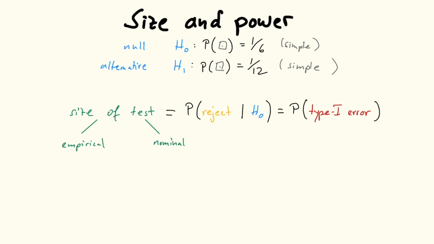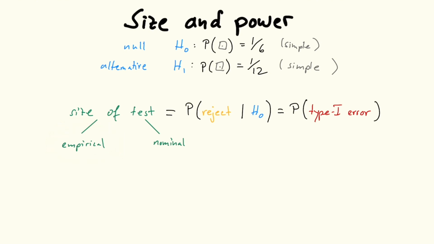For example, a lot of tests work really well only in large samples. That means that if you apply them with smaller sample sizes, there can be differences between the nominal level and the empirical size of the test that you experience when you apply the test in real life.